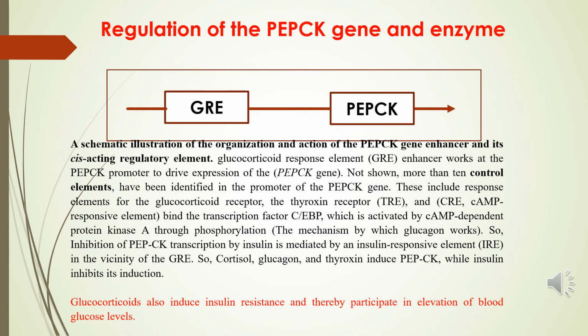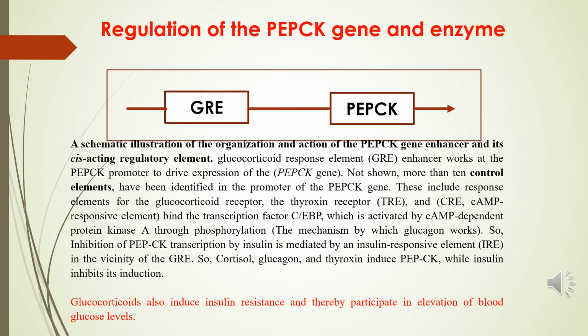Other control elements that are not shown in this figure include the thyroxine receptor and the cyclic AMP response element, which binds a transcription factor, cyclic AMP response element binding protein, and these are activated by cyclic AMP dependent protein kinase, through protein kinase A, through phosphorylation.